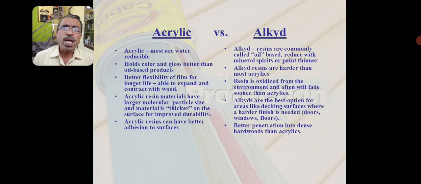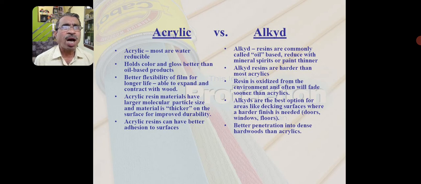This slide shows the difference between acrylic resins and alkyd resins. Most acrylic resins are water reducible, whereas alkyd resins are commonly called oil-based, reduced with mineral spirits or paint thinner. Acrylic resins hold color and gloss better than oil-based products.